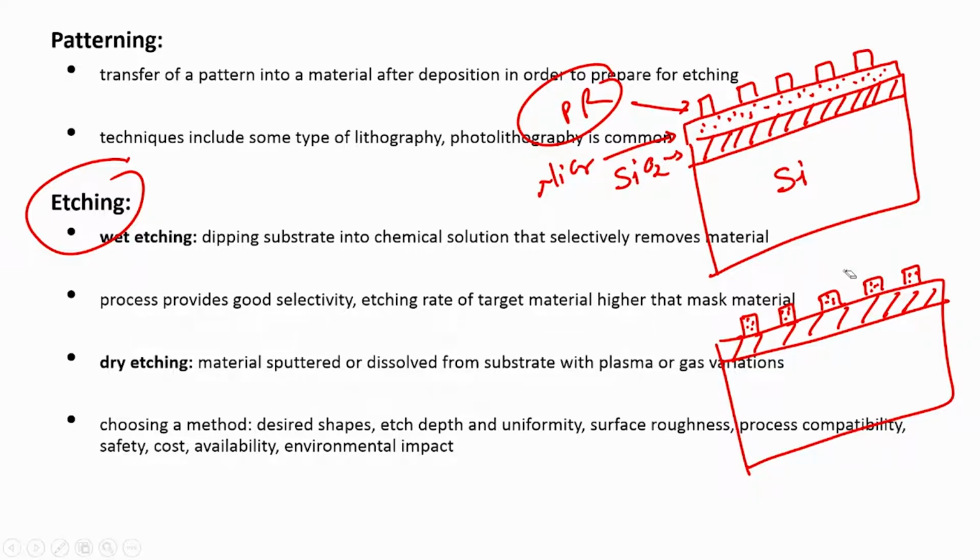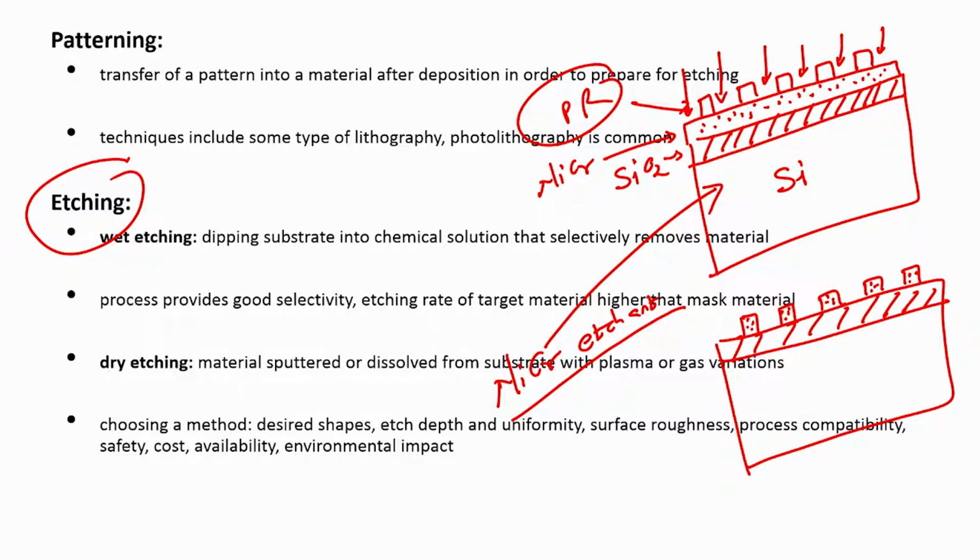Now, what is the next step? The next step is that if I dip this wafer in nichrome etchant, what will happen? The nichrome where it is not protected by the photoresist will get etched, right.